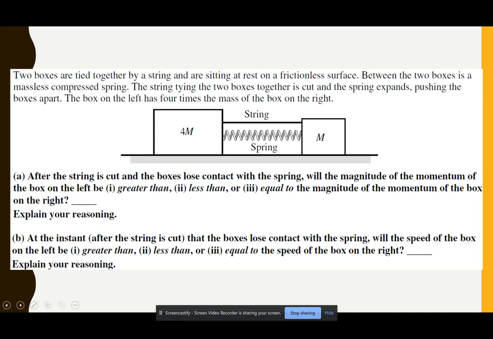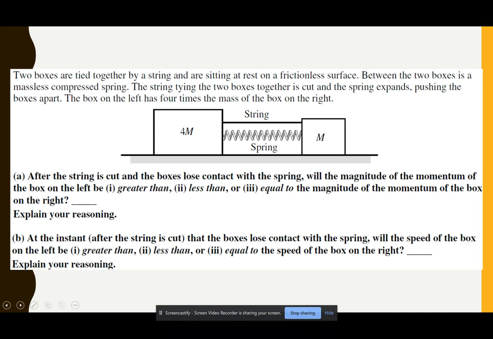After the string is cut, the boxes lose contact with the spring. Will the magnitude of the momentum of the box on the left be greater than, less than, or equal to the magnitude of the box on the right? Explain your answer. So a couple of things. Remember Newton's laws, and remember the conservation of momentum law.